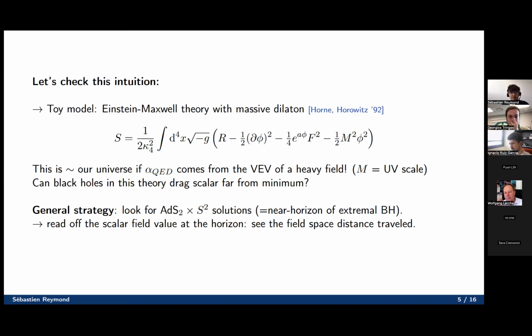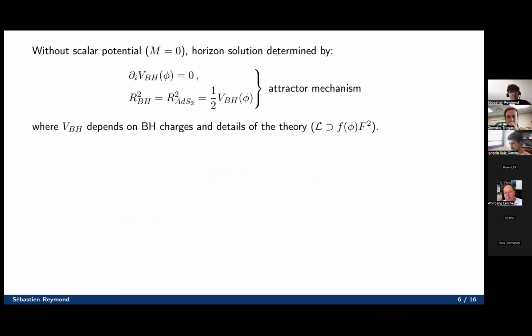So how does it work in practice? Let me first show you how it works when m equals 0. When m equals 0, you get a set of equations that describe this AdS2 cross S2 vacuum. The equations depend on this function V_BH, the black hole potential, that depends on the black hole charges and details of the theory. This is quite a generic result.